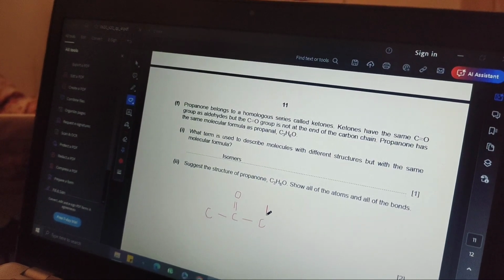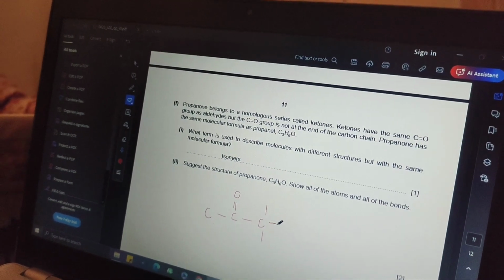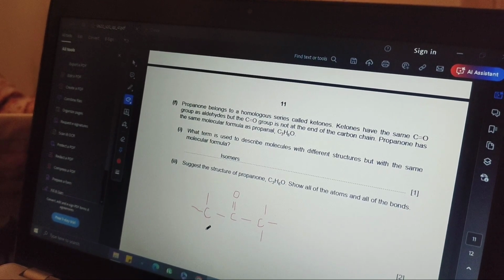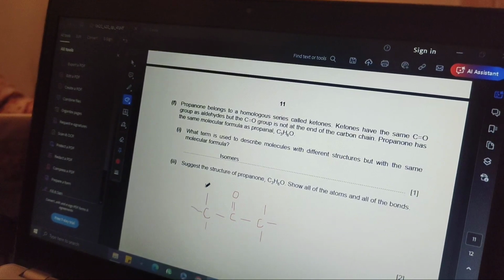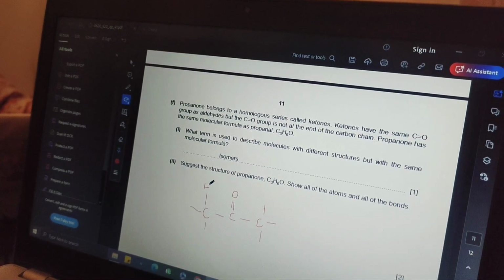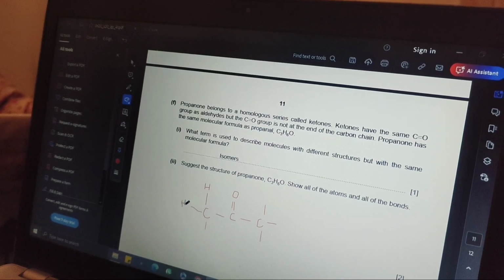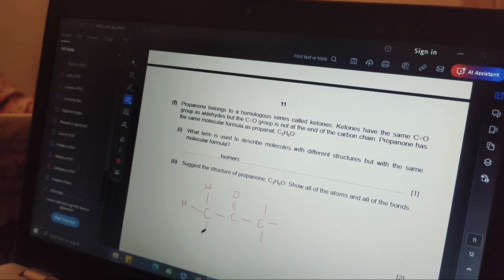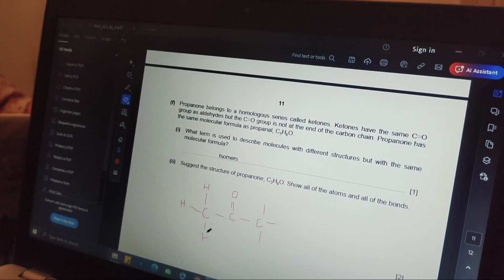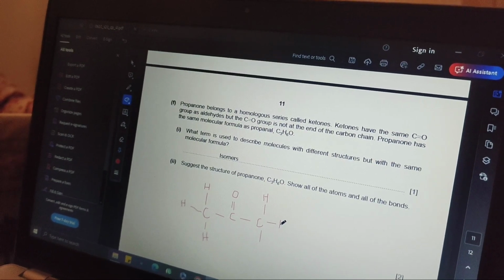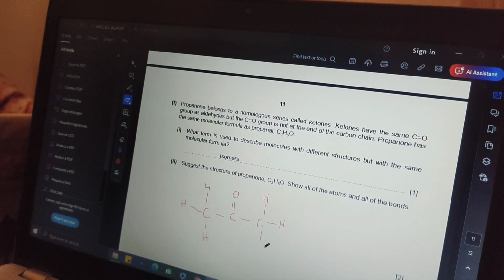So we'll be adding the hydrogens to the rest of the carbons. H, H, there you go.